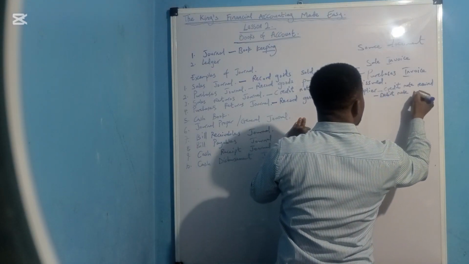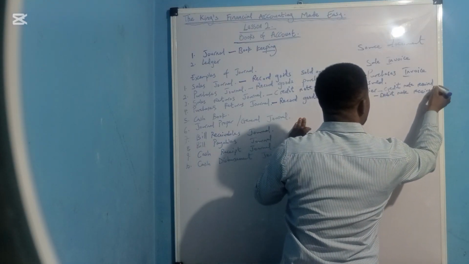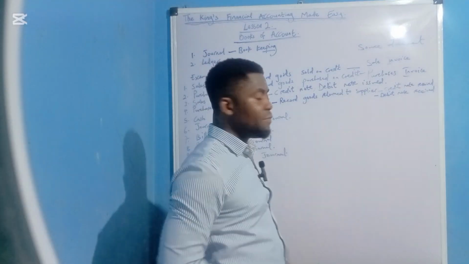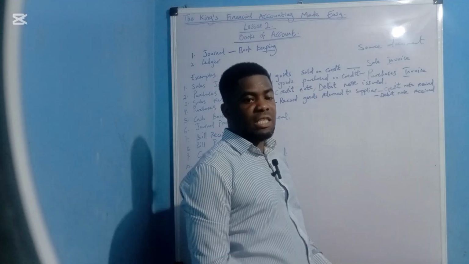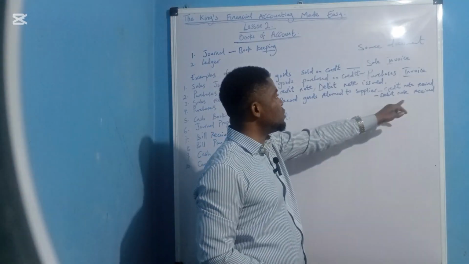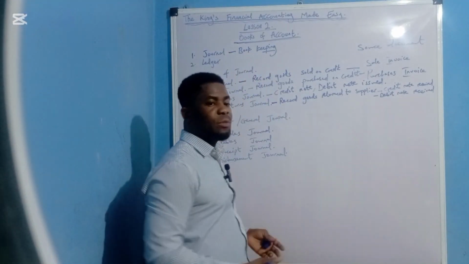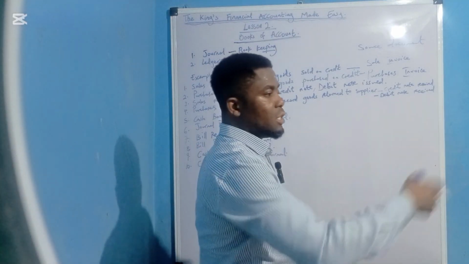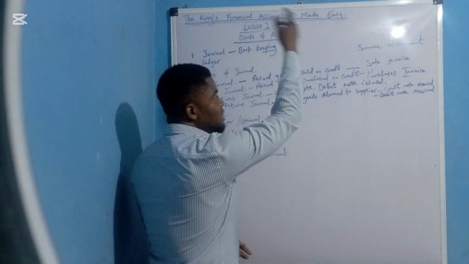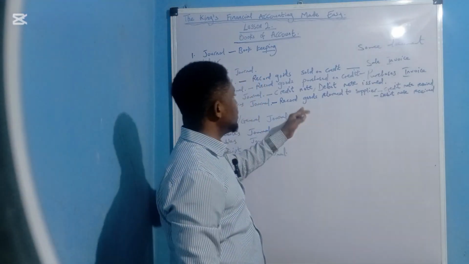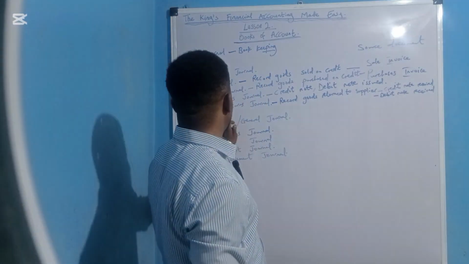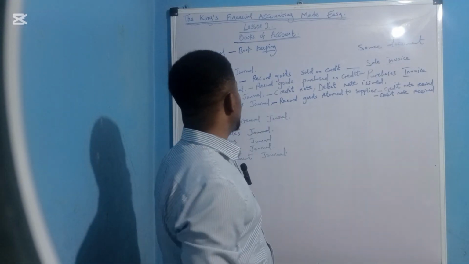Debit notes received is when your supplier, the person you are buying from, has undercharged you. So they will send you a debit note to tell you that what you are going to pay is more than what is on the invoice. It increases your indebtedness. So that is that about the return outwards journal.